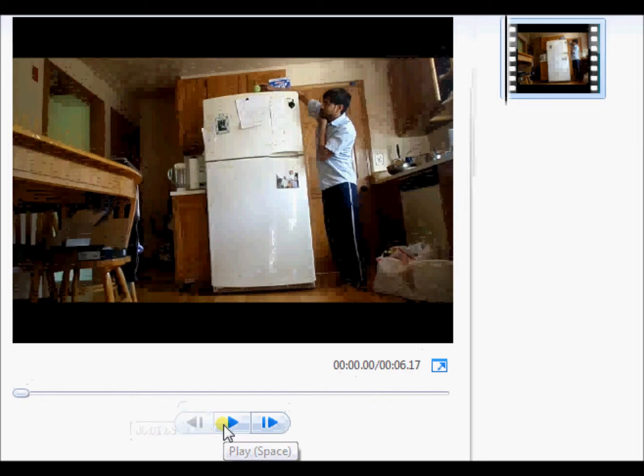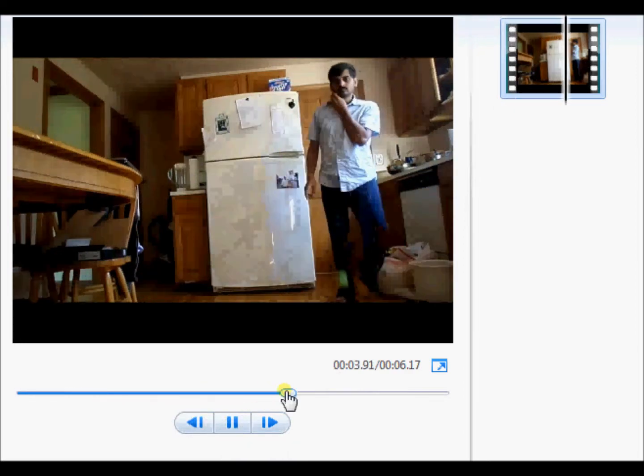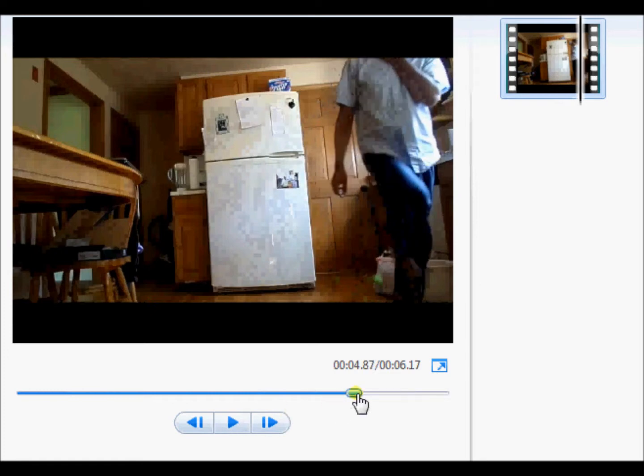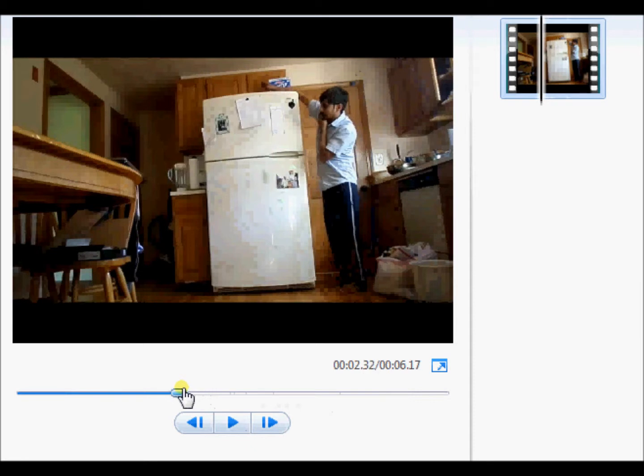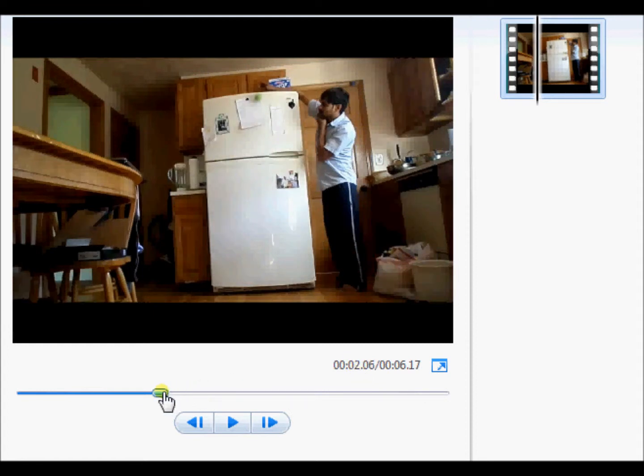So once you play this movie, you see that this ball falls all the way from the top. Now what I do is bring it back to the point where it's just at the start of the fall. I'm going back and at the same time looking at this time figure, trying to find out the start time.